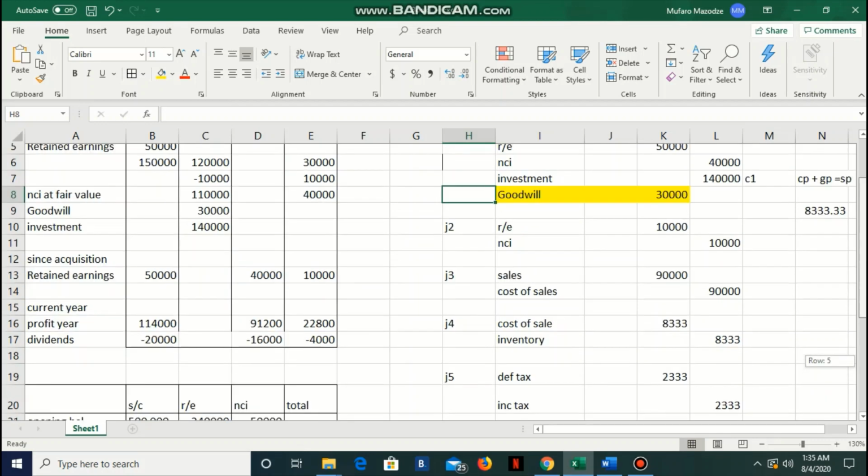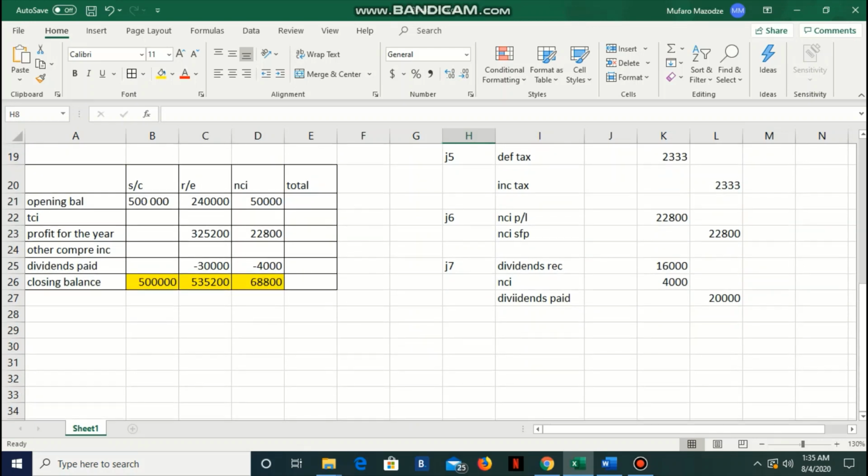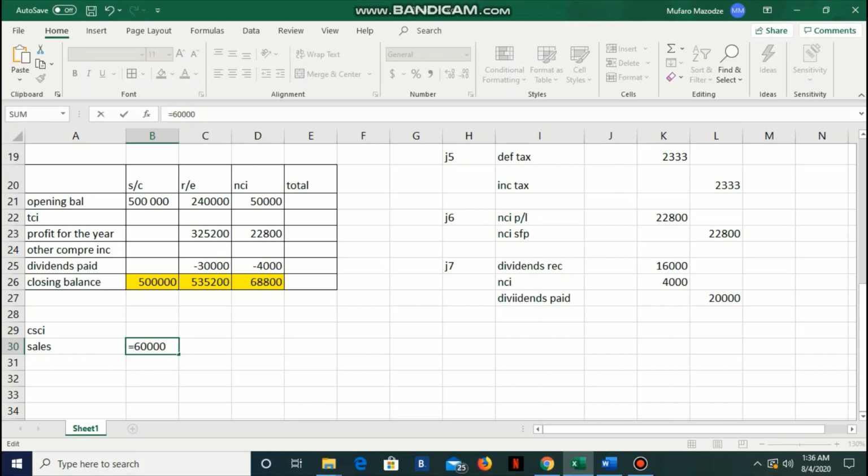For instance, I'll just do a short extract, consolidated statement of comprehensive income. So let's say for the sales amount, P already had 60,000 rand, right? And the sub had 25,000 rand.